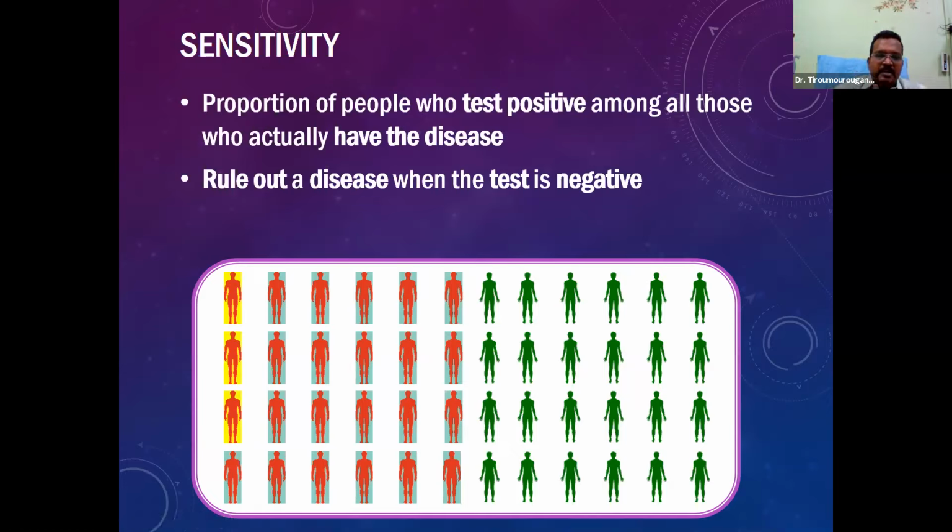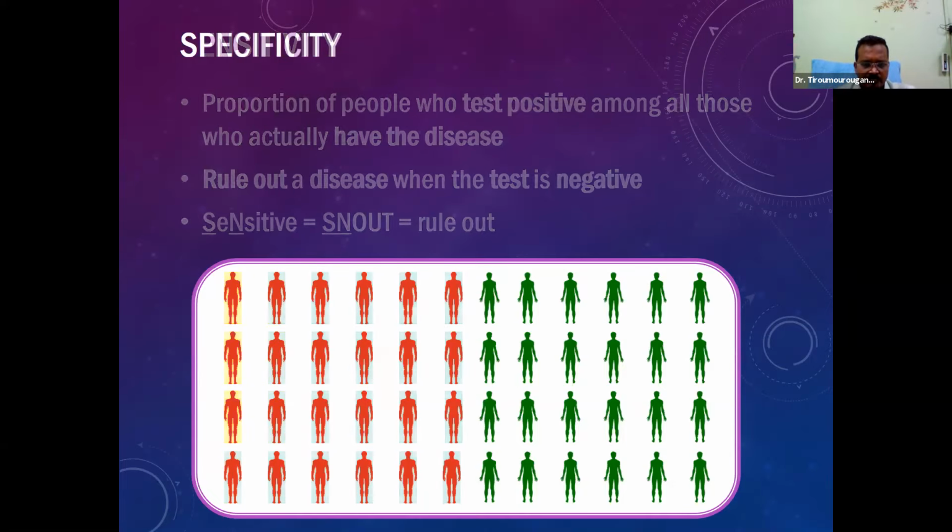So it's the capability of the test to rule out a disease when the test is negative. So always remember, when we talk about sensitivity, remember the short mnemonic SNOUT: sensitivity negative, it rules out the disease. So the numbers are more for ruling out any particular disease.